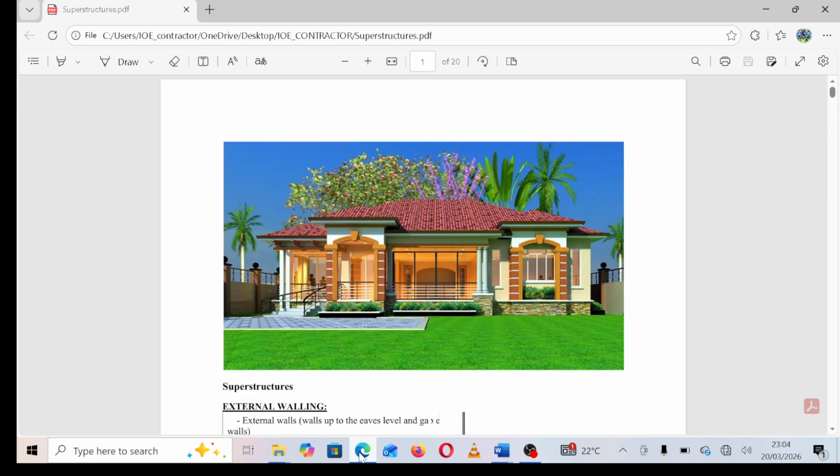So right now you're having such a drawing, and it could have a lot of things. It could have external walls, internal walls, it could have columns, it could have piers, it will have plenty of things.